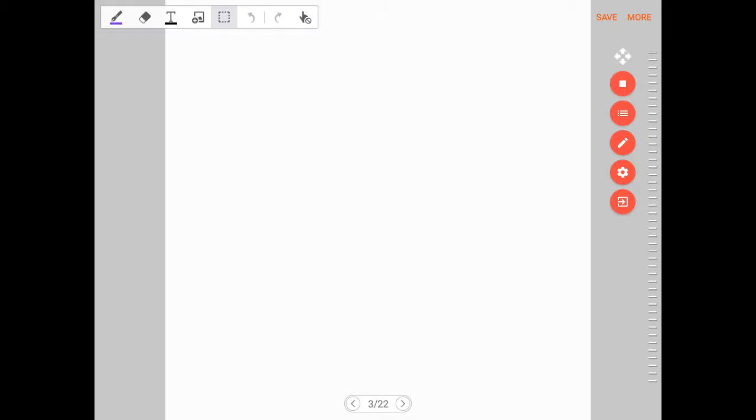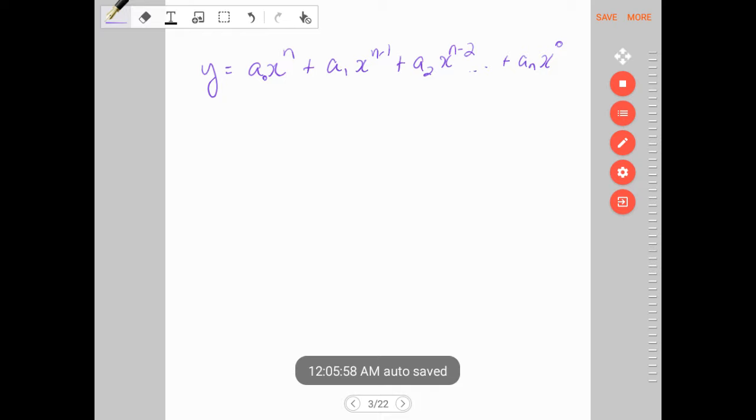A polynomial takes the form y equals a naught x to the n plus a1 x to the n minus 1 plus a2 x to the n minus 2, and so on until you get to a_n x to the 0. Okay, so basically the word polynomial means many terms.